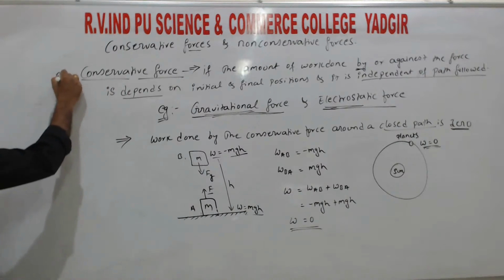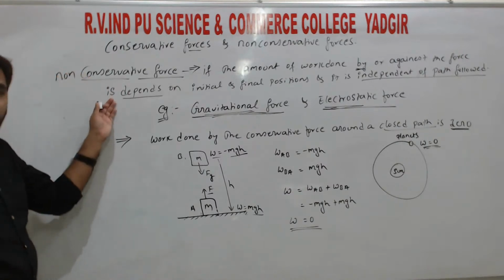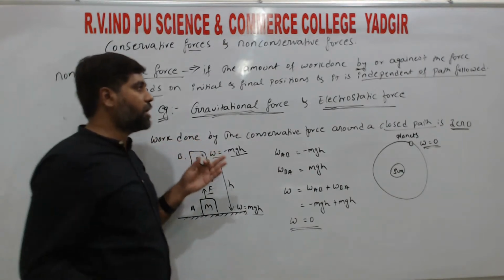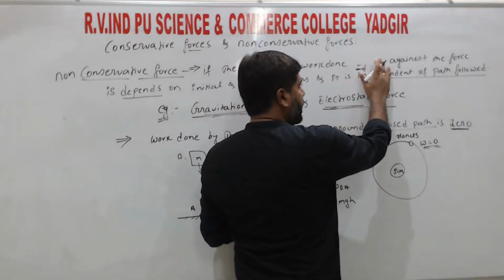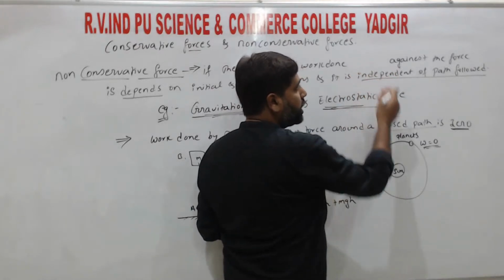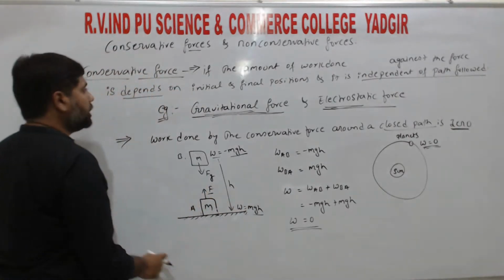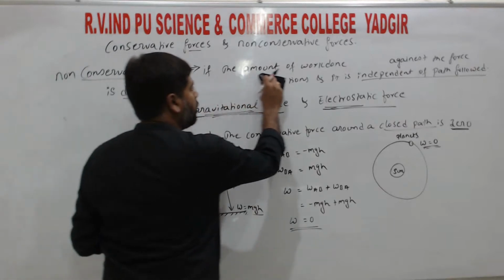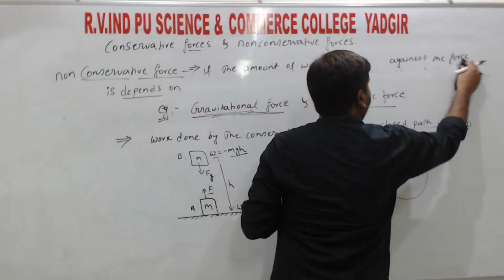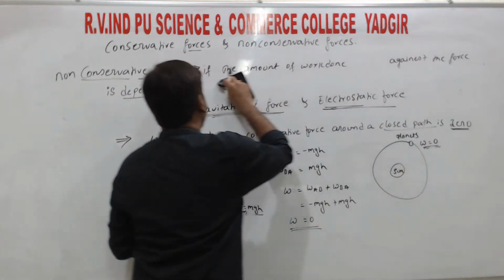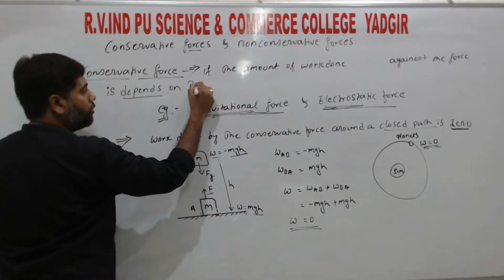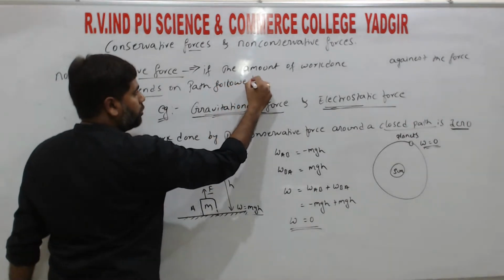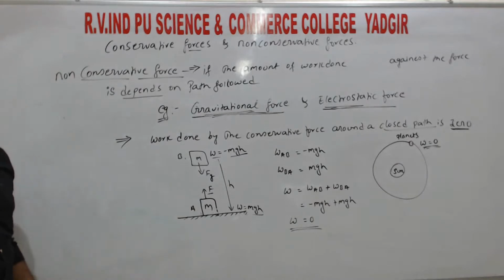Next, the non conservative force. The opposite of the conservative force is the non conservative force. Here the amount of work done is not by the force but against the force, and it depends on the path followed by the object or the particle.